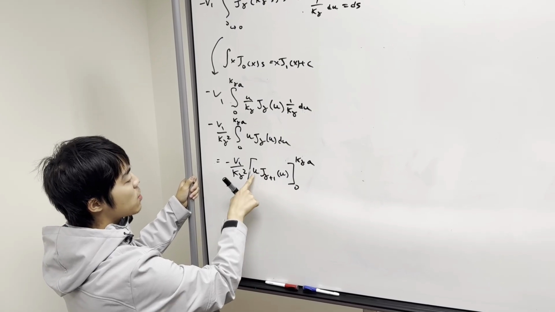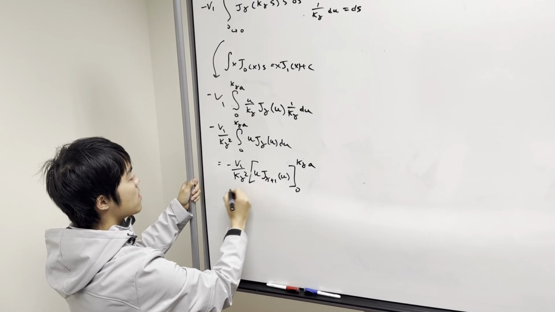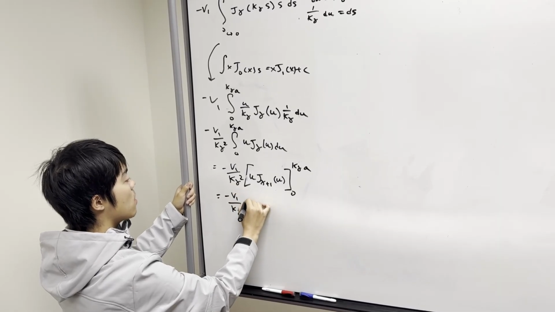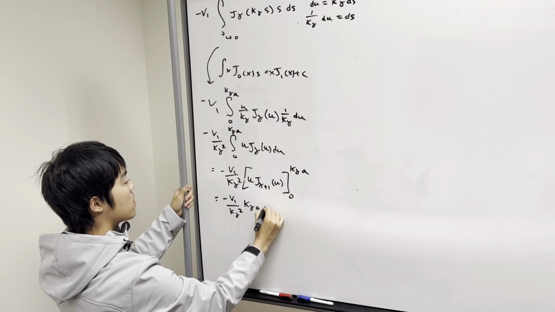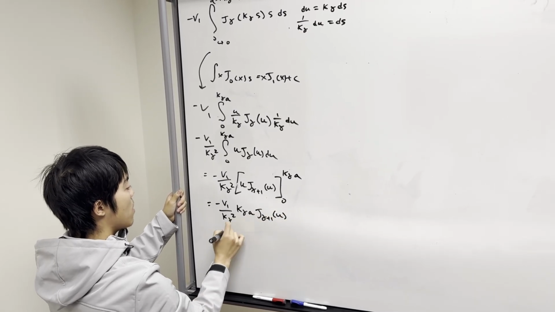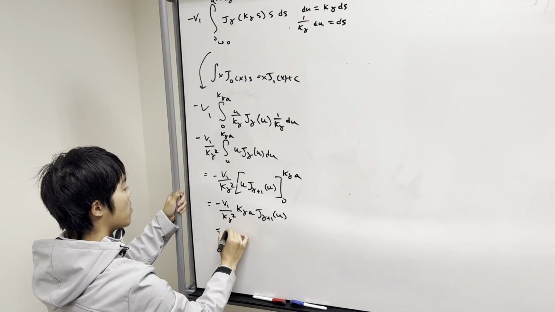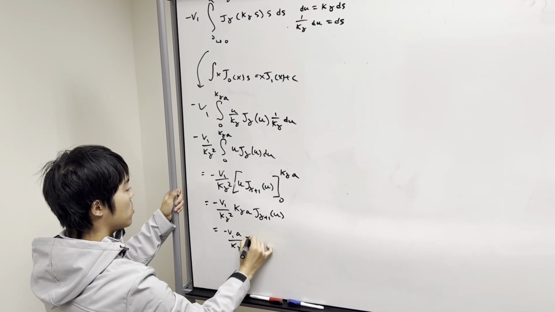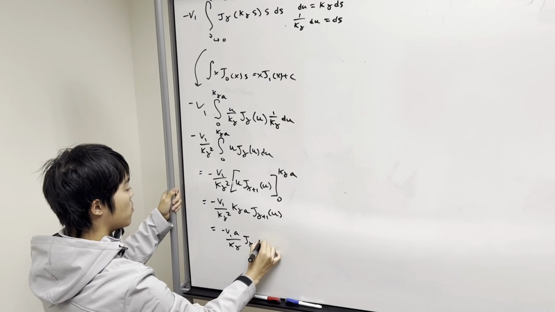For the second part, the 0 times this expression is obviously 0. So you have negative v1 over k gamma squared times k gamma a J gamma plus 1 of u, and then these gammas cancel out and we end up with negative v1 a over k gamma J gamma plus 1 of u.